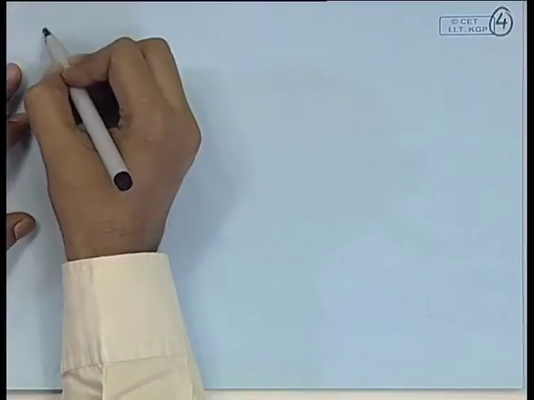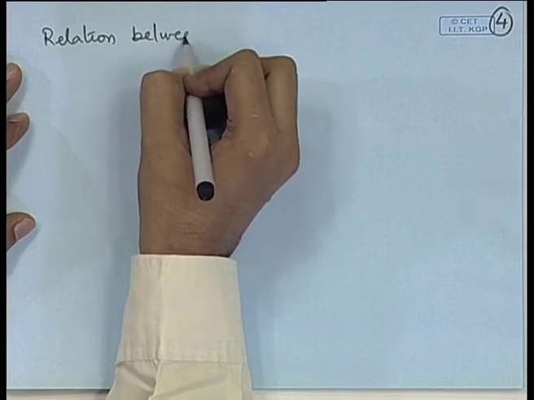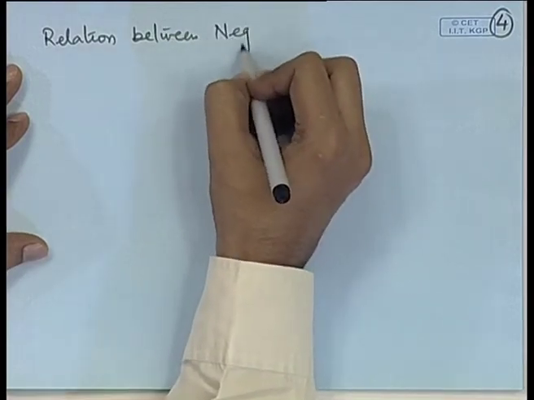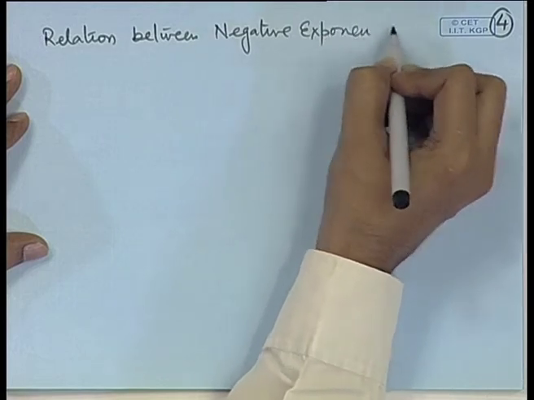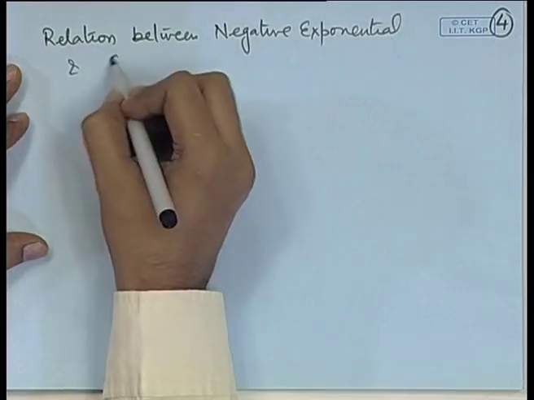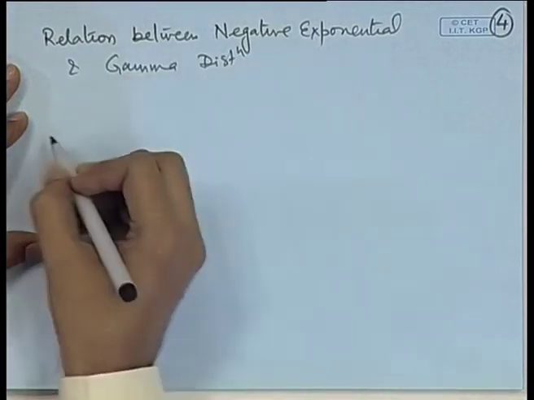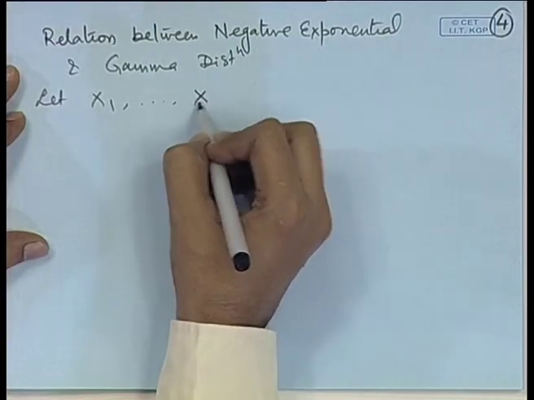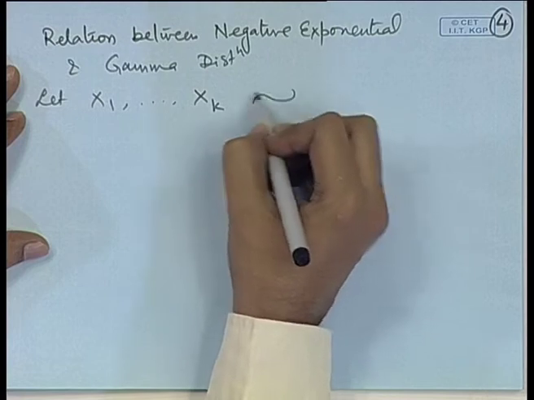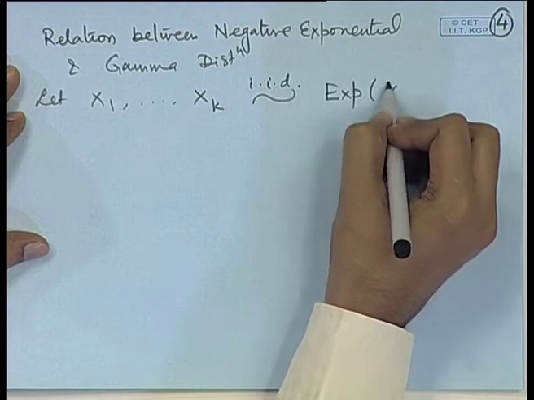Let us look at a relationship between negative exponential and gamma distributions. So, let X1, X2, ..., Xk be independent and identically distributed exponential variables with parameter lambda.